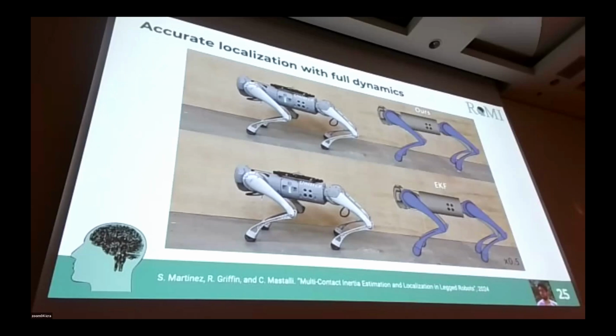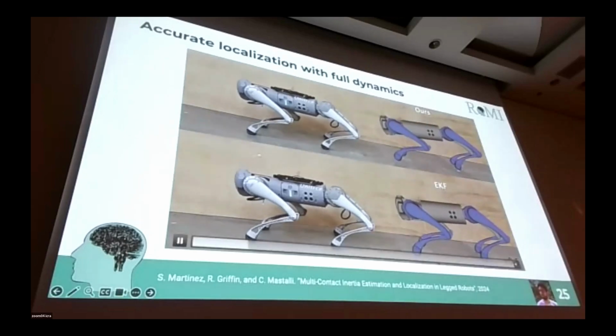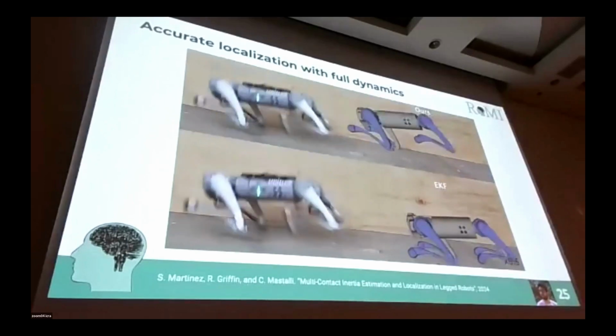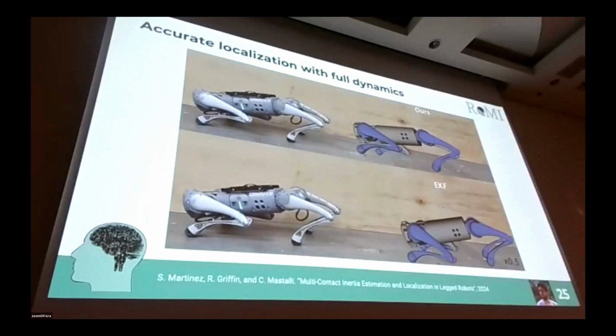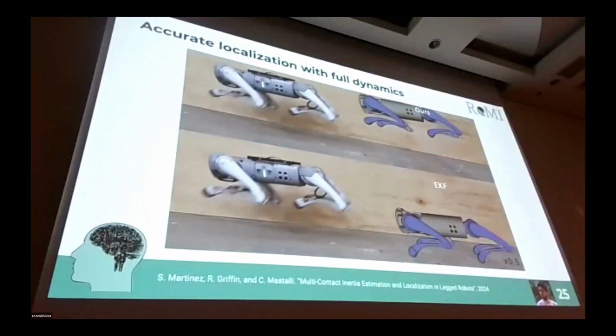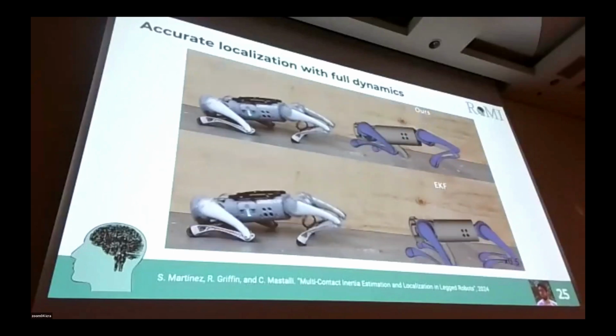That's what we call ours in this video here. It's using the entire full dynamics of the system, rigid body dynamics. But also for the EKF? No, we did not really test that for EKF. That actually would be an interesting comparison, but we haven't done it because we did not develop Pronto. Okay, thanks a lot.